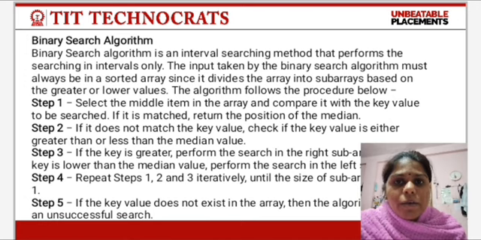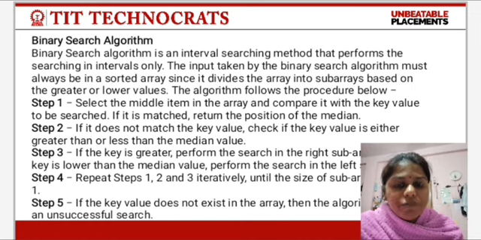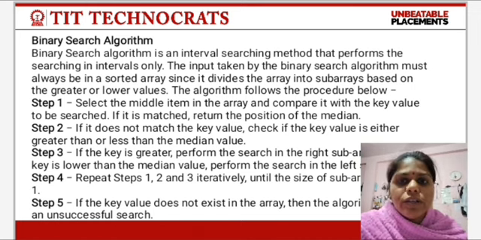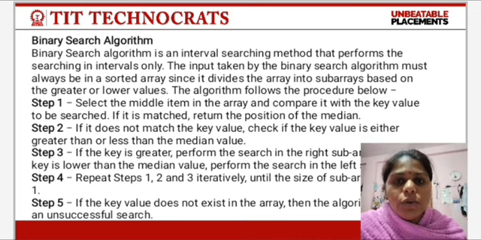Now, the binary search algorithm. Binary search is an interval searching method that performs the searching in intervals only. The input taken by the binary search algorithm must always be in a sorted array, since it divides the array into subarrays based on the greater and lower values.